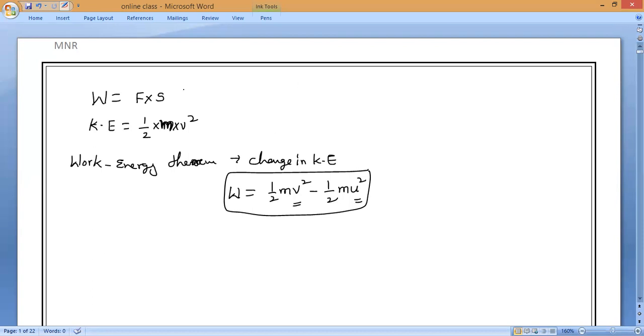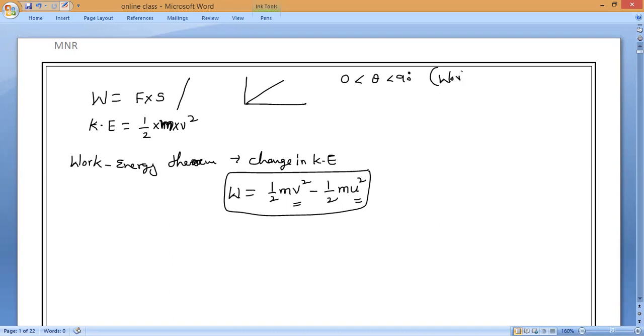Now one more formula we studied, when we are applying the force at a particular angle, the types of work done. If the angle is between 0 and 90 degrees, work done is positive.